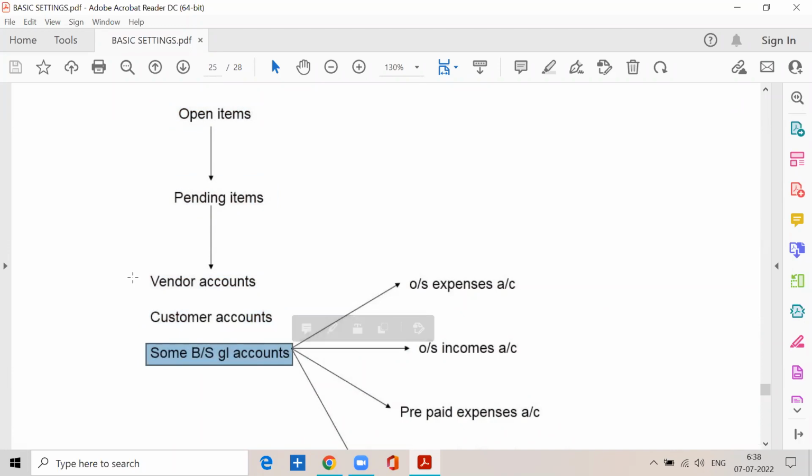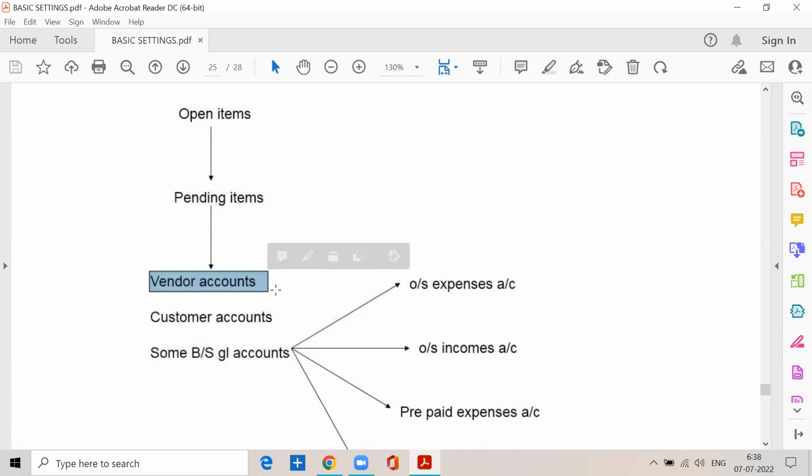The open item concept for vendor accounts means today we have purchased some material from a vendor and the vendor has given one month credit, and we post the invoice into the system. Then the vendor account balance is updated. In addition to updating the vendor account balance, the system will display this invoice in red color, meaning open item.